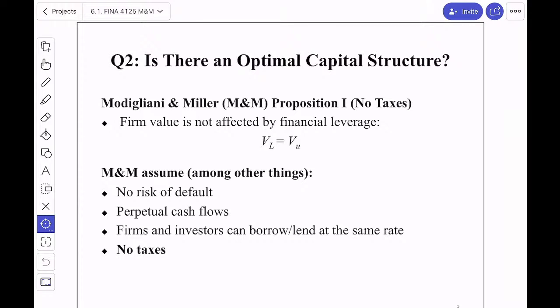Well, it's because of taxes and the tax deductibility of interest payments from the perspective of the firm that makes debt attractive. So I'm going to remove that incentive for debt, and with these four assumptions, we will find that it doesn't matter.